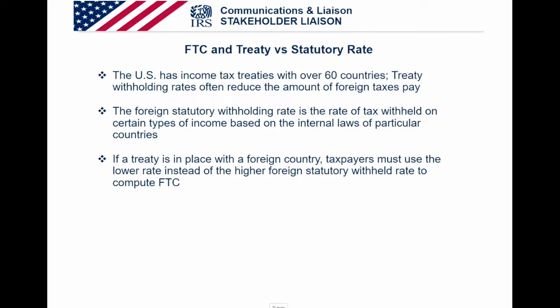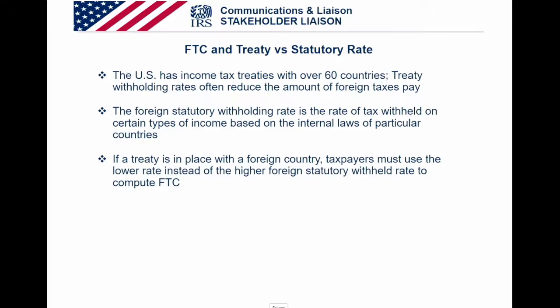To pay only the legal amount of tax, an eligible taxpayer must invoke the treaty and provide a statement to the withholding agent requesting the lower rate. If the taxpayer doesn't invoke the lower treaty rate, a foreign statutory withholding rate, which is almost always higher, is applied by the withholding agent.